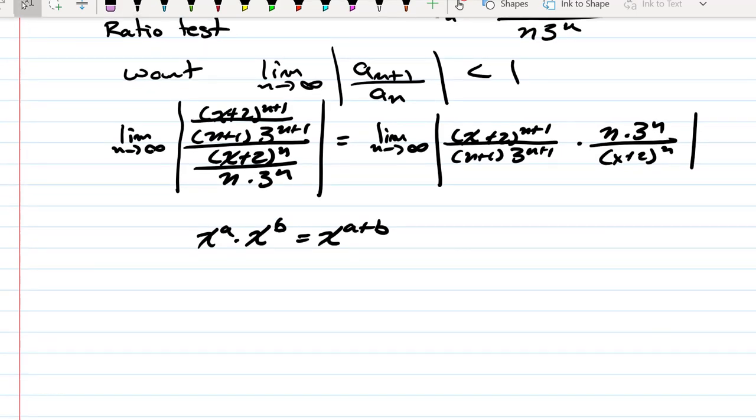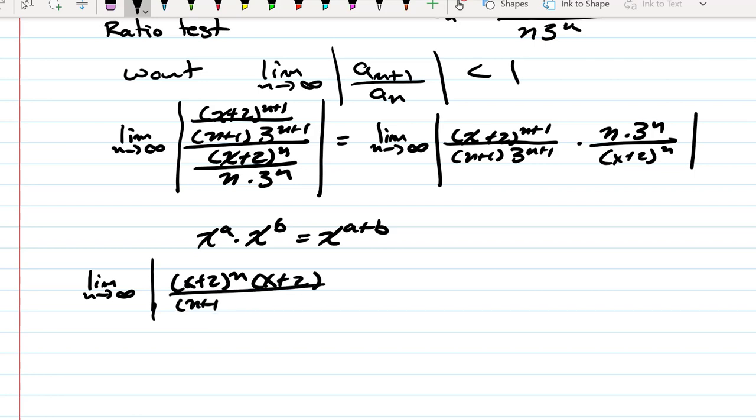So we can rewrite this as the limit as n goes to infinity of (x plus 2) to the n times (x plus 2) all over (n plus 1) times 3 to the n times 3, so we use that property again, times n times 3 to the n all over (x plus 2) to the n.